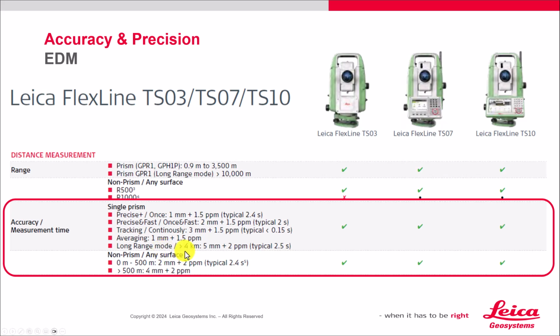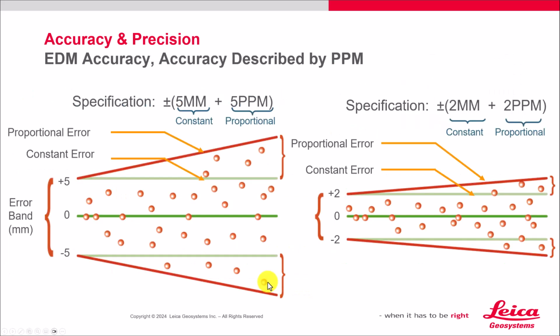It makes sense that the long range would have the most error. Speaking of reflectorless, 2 millimeters plus 2 parts per million, or over 500 meters, 4 millimeters plus 2 parts per million. So again, long distance with this type of EDM. But look, they've all been described by parts per million. I know that can be a little confusing, so we're going to talk about that.